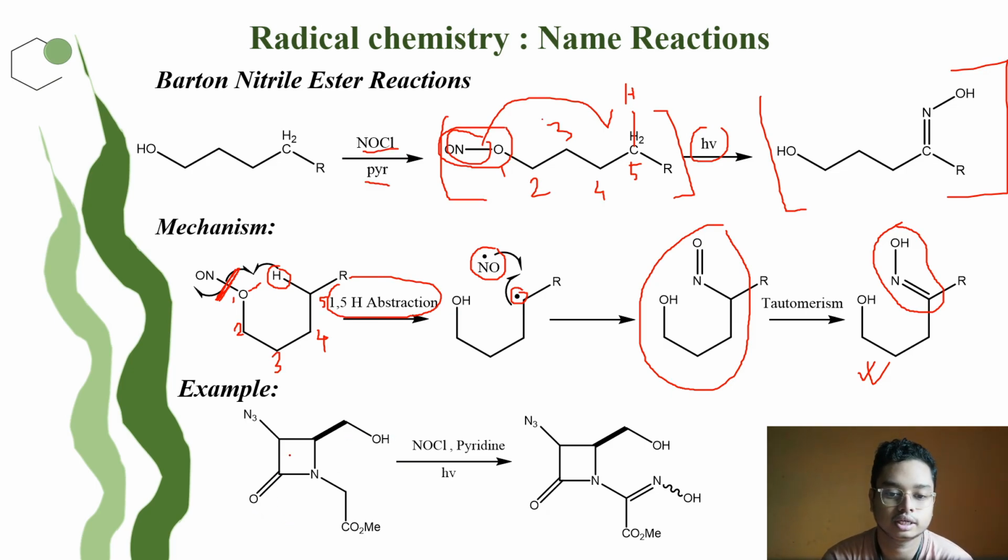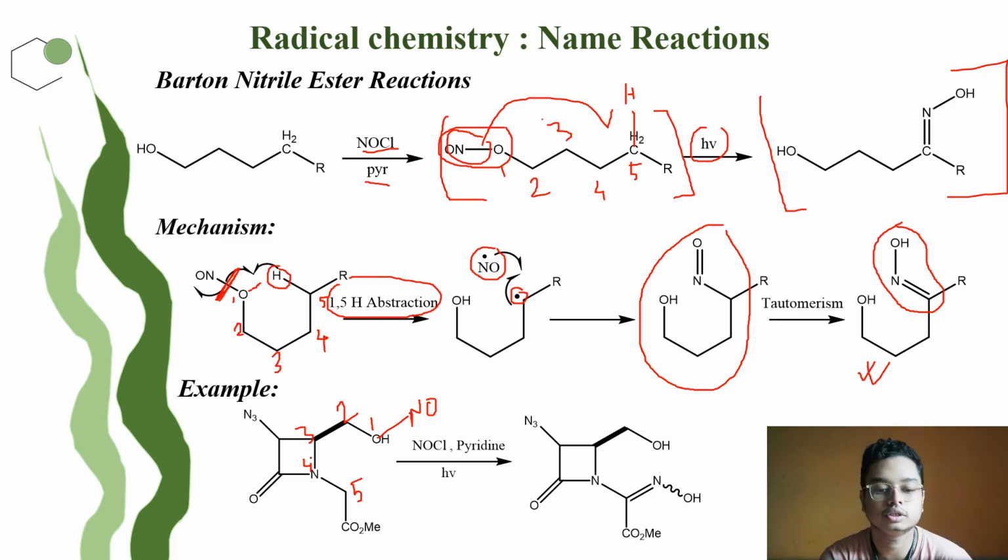Here this particular compound is there, OH is there. First NOCl will react to generate the ONO compound. Now we have to find the fifth position which contains hydrogen. So this is 1, 2, 3, 4 and 5.